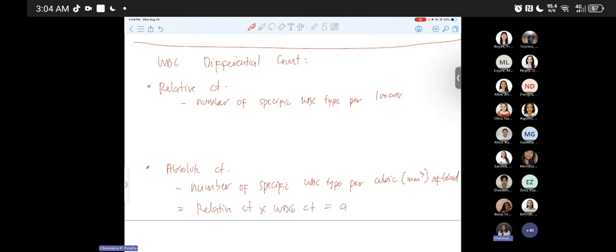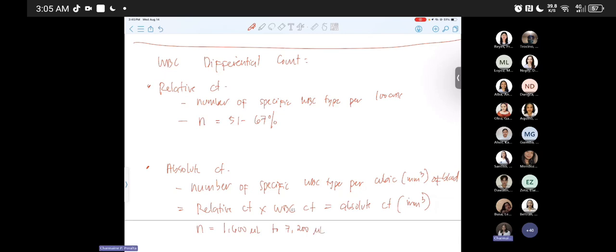So that would be the absolute count in cubic millimeter. For example, ang relative count ng neutrophil, for example lang ha, 51 to 67% ang reference range. Sa absolute neutrophil count, ang reference range niya is 1,600 up to 7,200 per microliter.